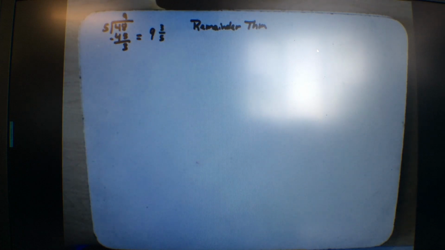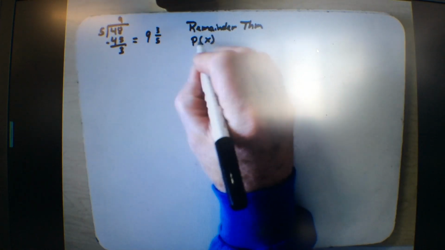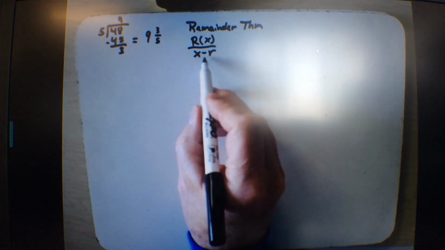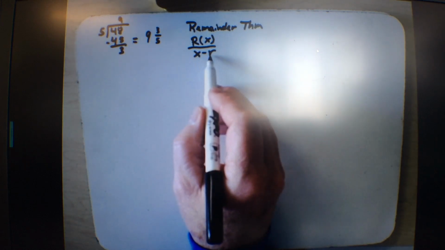First of all, the remainder theorem says if a polynomial p of x is divided by x minus r, and it only works for this form, guys, okay? And that's great, because if it only works for this form, then we can use synthetic division, right?